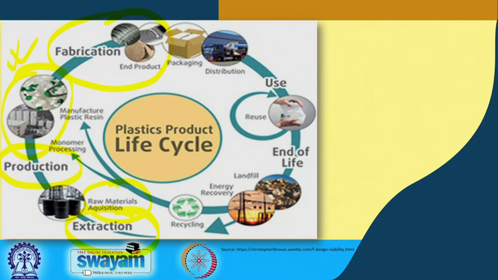So, you are fabricating a lot of end products which can be essentially plastic, or a mixture of plastic with other materials. Then packaging, then it gets distributed through the wholesalers to the retailers, and then finally it comes to humans, in our houses, in our offices, and different applications that we use it in.